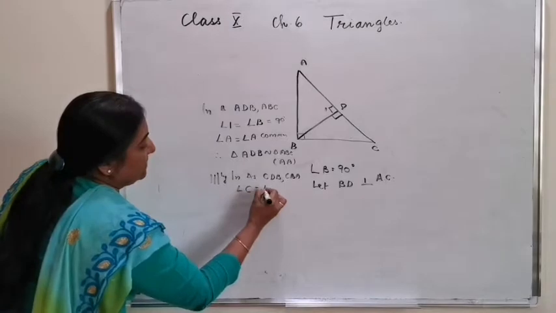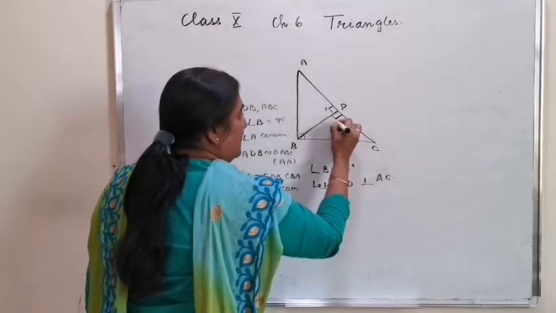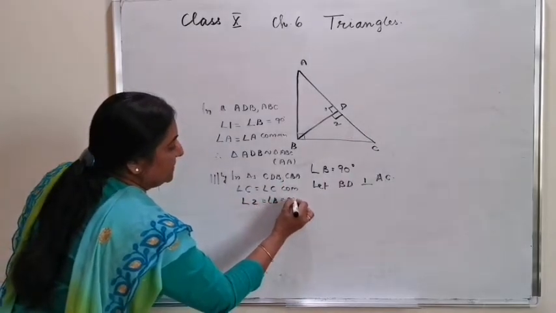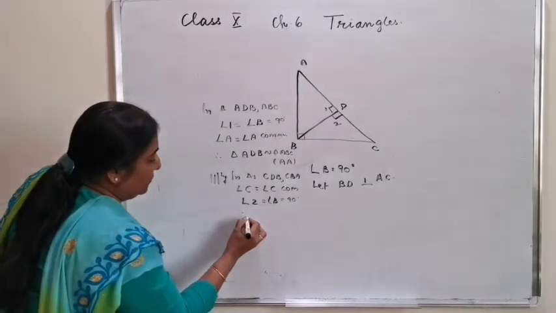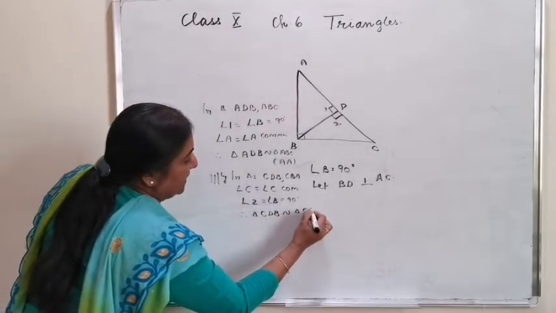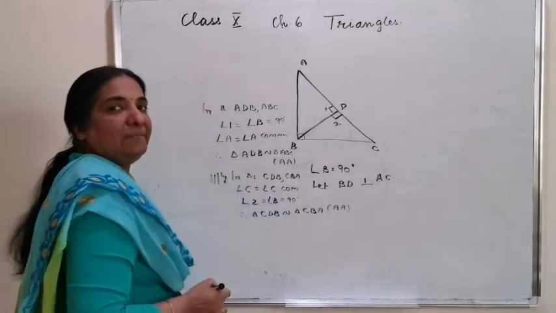Angle C is equal to angle C, common. Again, angle 2 is equal to angle B, which is 90 degrees. Therefore, triangle CDB is similar to triangle CBA, also by AA similarity.